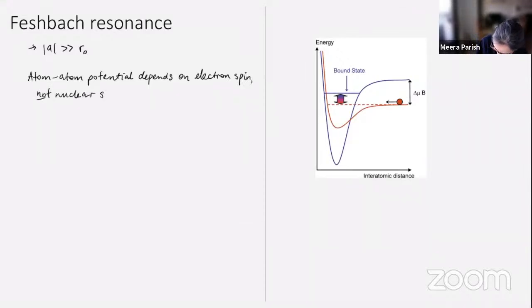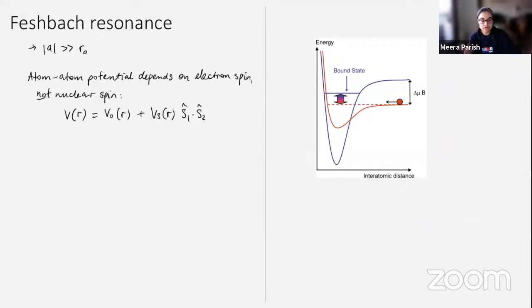In other words, in the general form, I would have a potential that doesn't depend on the spin at all, and then a spin-dependent part, which generically has a form like this, where S1 and S2 are the spin operators of the electrons in the two different atoms, atom 1 and atom 2. The key thing is that this is only the electron spin.